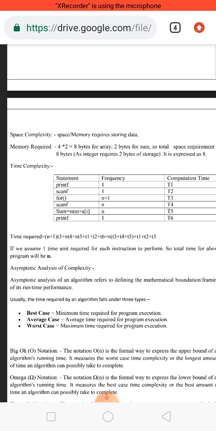First is best case. Best case means the condition when a very less amount of time is required.